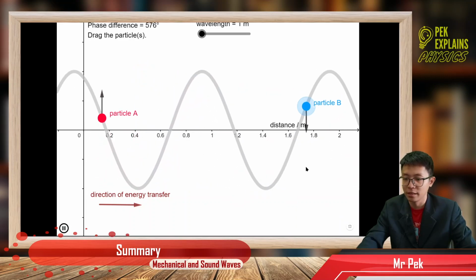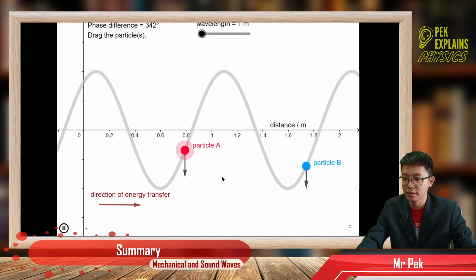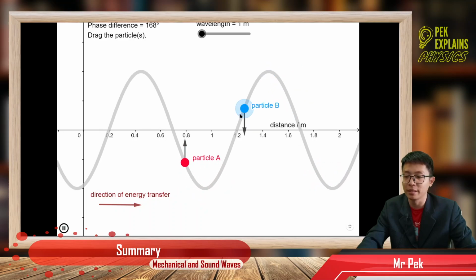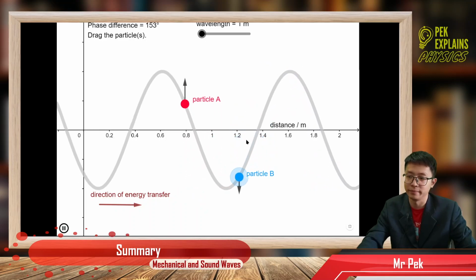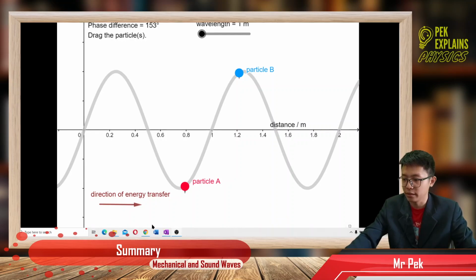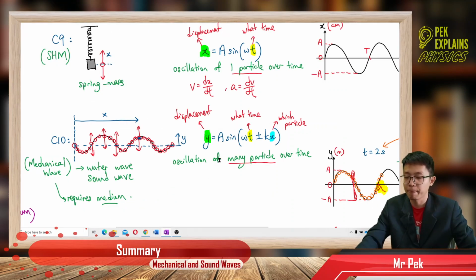You see that? All of them oscillating. Many particles oscillating up and down over time. Now, let's look at this one. So, we are talking about the oscillation of many particles of the water medium. All particles oscillate up and down over time.